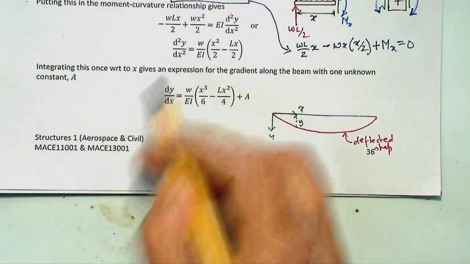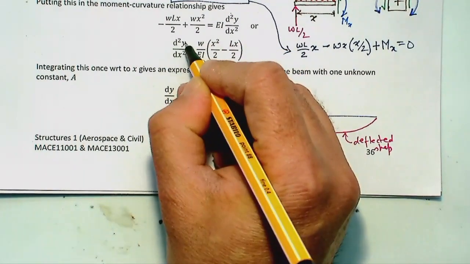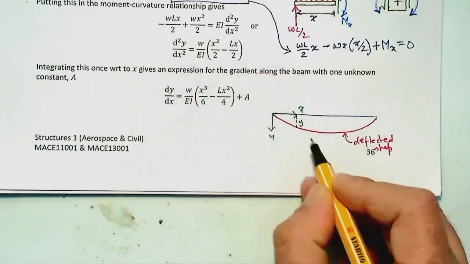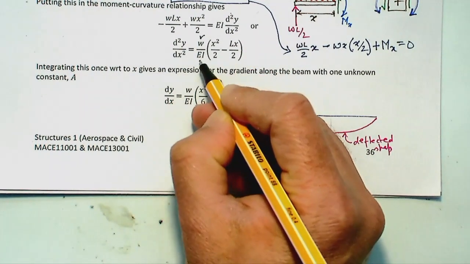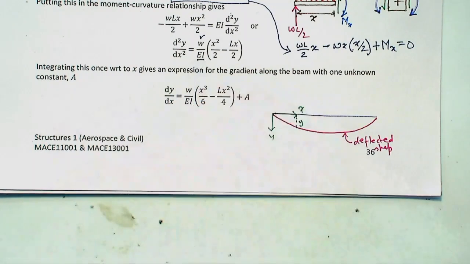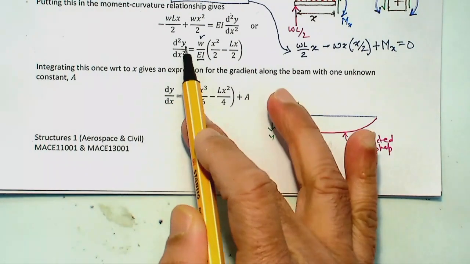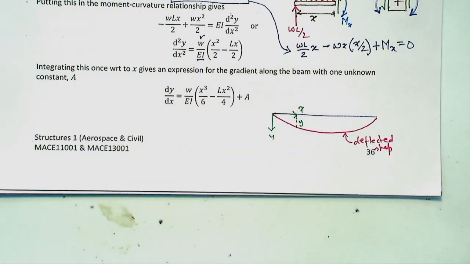That's the expression relating the second derivative of deflection to the known quantities of load, E and I. So how do I find out this y then?